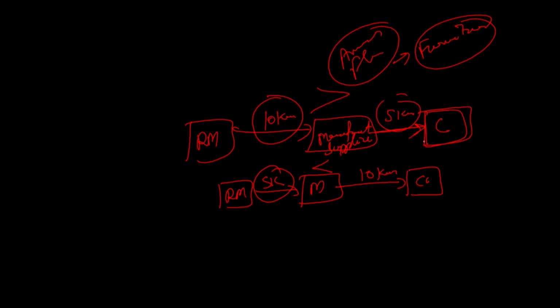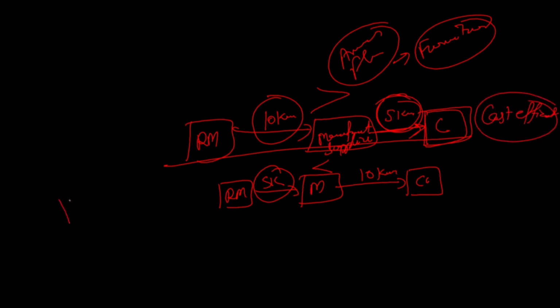If you are following this kind of structure, where outbound logistics travels less distance compared to inbound logistics, it is more cost efficient. If I am transporting 10 cars, one container may take 8 or 10 cars.